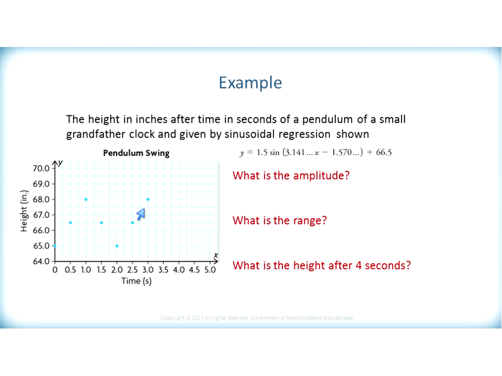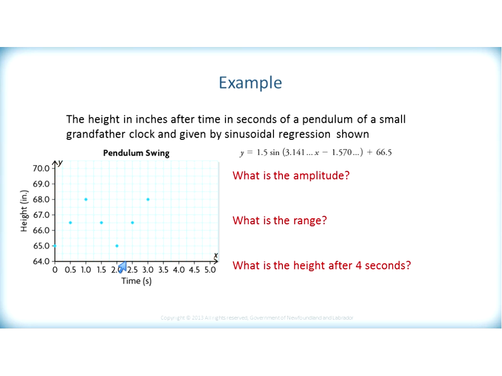For example, in sinusoidal functions, we looked at amplitude, range, period, maximum and minimum, and midline value. You will also get questions such that if given the regression function, you can put numbers in the regression function and answer questions. You may be able to estimate using the graph.